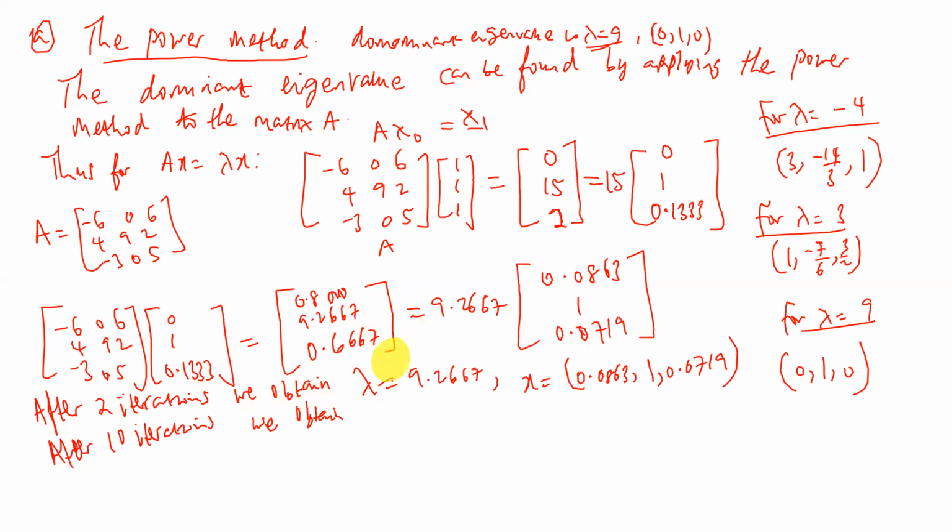After 10 iterations, we obtain lambda, like just got now.